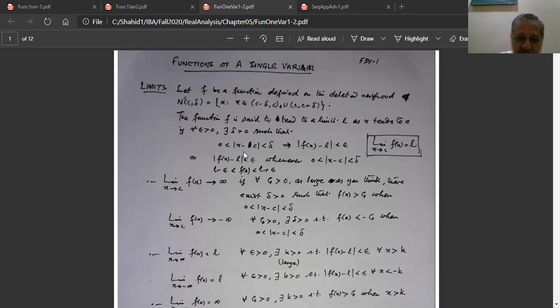This sentence usually is written as: |f(x) minus L| is less than epsilon whenever x is in the deleted neighborhood of c.